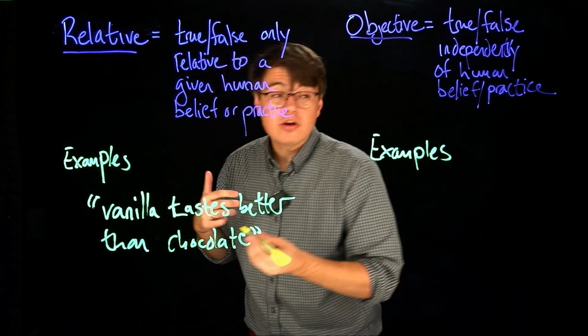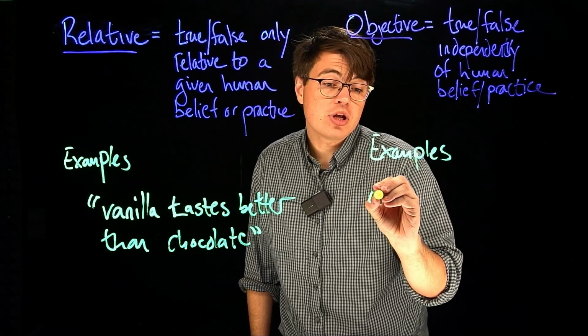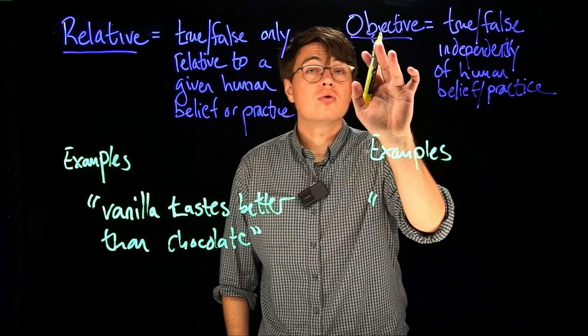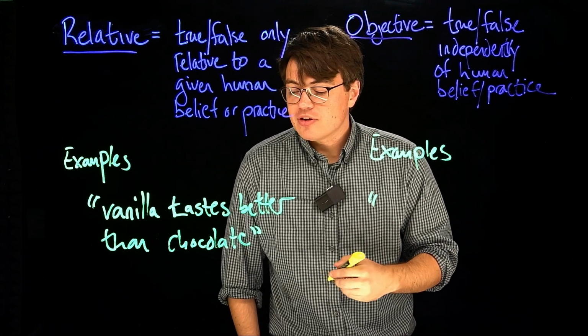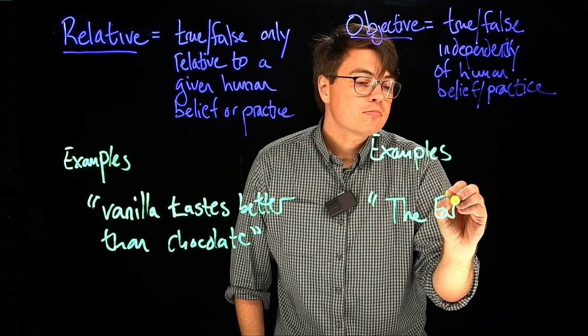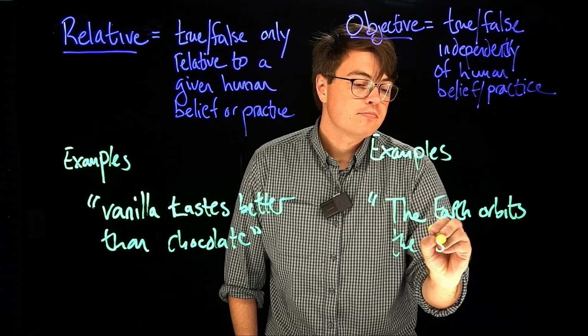Matters are different when it comes to objective propositions. There are also some pretty uncontroversial examples of propositions that have their truth value not relatively but objectively. The proposition that the Earth orbits the sun.